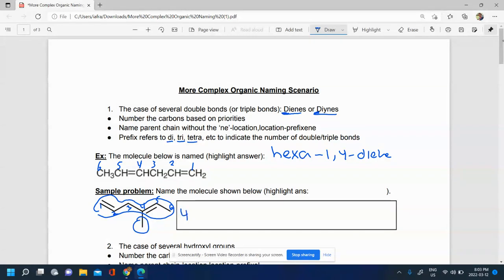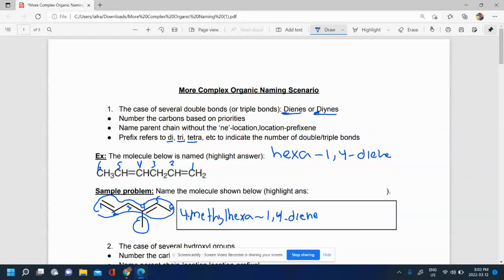So we have 4-methyl, same as you normally would name your substituents. 4-methyl. And then we have hexa. And then our double bonds are carbon number 1 and number 4, diene. So we have 4-methylhexa-1,4-diene.